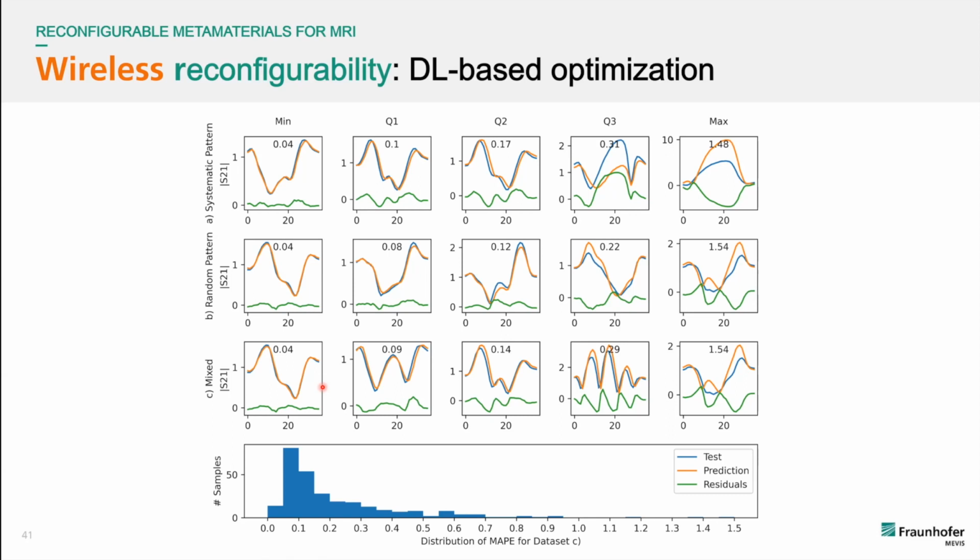Of course, that means that you have to control your metamaterial somehow. It takes us approximately 5 microseconds to switch to a different mode. And that has to be synchronized with the MR sequence, of course.